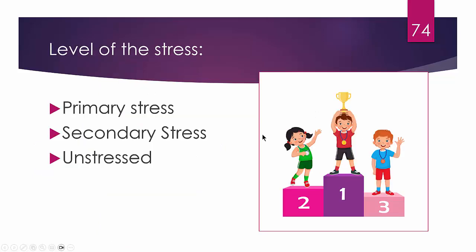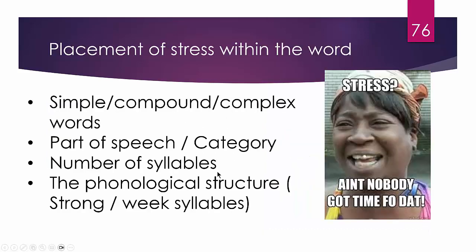We have the level of stress. Stress differs from one syllable to another. So we have the primary stress, which is the first one, then the secondary stress, then the unstressed. Placement of stress within a word: we will see if it's a simple word, compound word, or complex word.